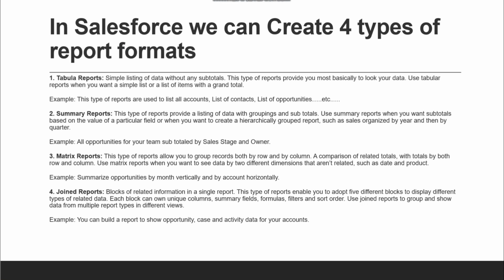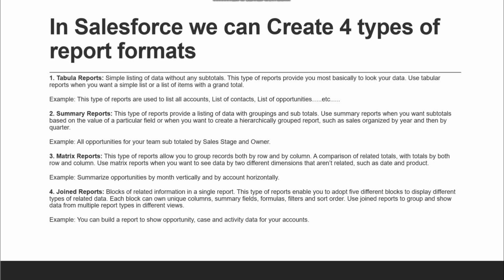Now, third is the matrix report. What is a matrix report? This type of report allows you to group records both by row and by column, like a matrix. It is a comparison of related totals, with totals by both row and column.